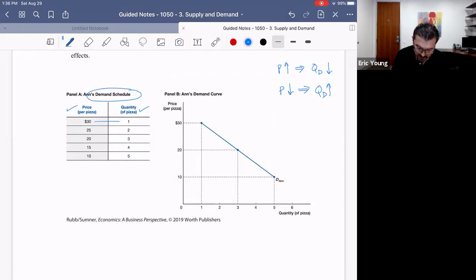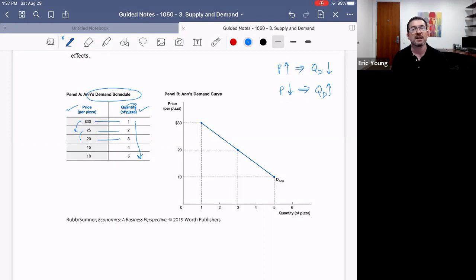If the price falls to $25, she'll want two pizzas. If the price falls to $20, she'll want three, and you get the idea. Notice that as the prices continue to fall on the demand schedule, the quantity demanded continues to increase. That reflects buyer behavior, that reflects our law of demand.